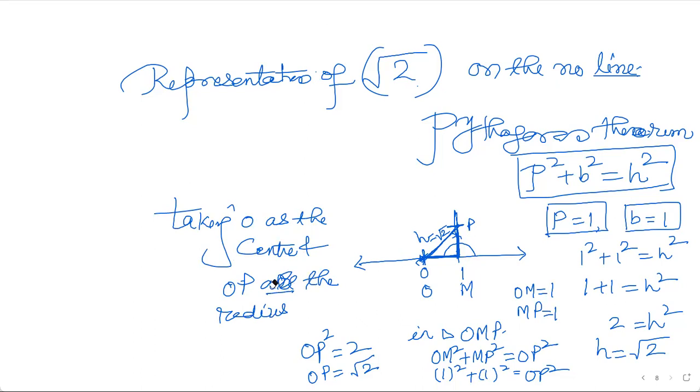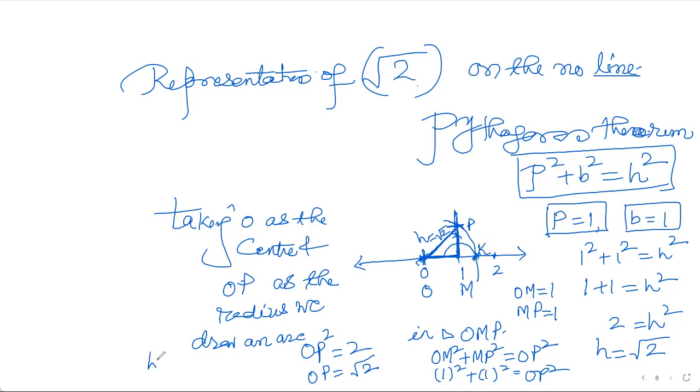Taking O as the center and OP as the radius, we draw an arc like this, which intersects the number line at some point, which intersects the number line at K.